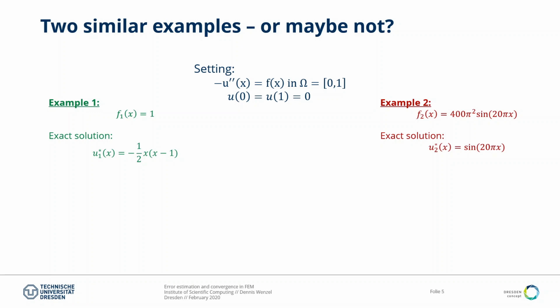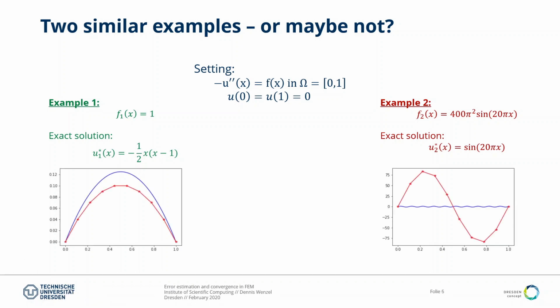That's why in practical examples, you often start with exact solutions and then derive the PDE from it. And then what I've done is I've used a standard piecewise linear finite element setting and computed the FEM solution on the interval from 0 to 1 with just 10 steps.